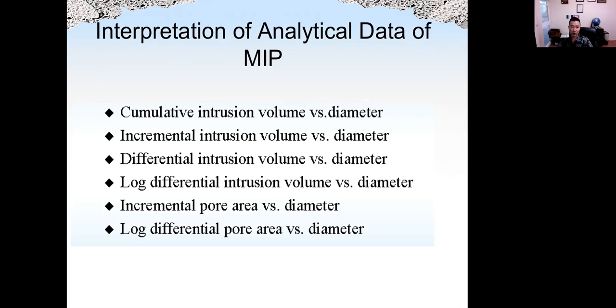So cumulative intrusion volume, differential intrusion volume, and so on versus diameter, and also the pore areas versus diameter of the pores by assuming the shape of the pores. We'll talk about that in a moment.